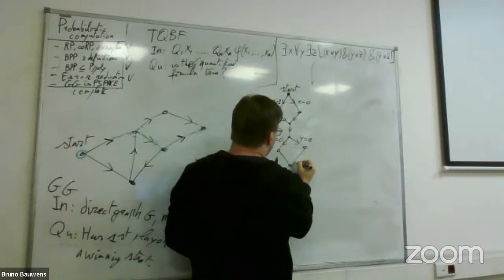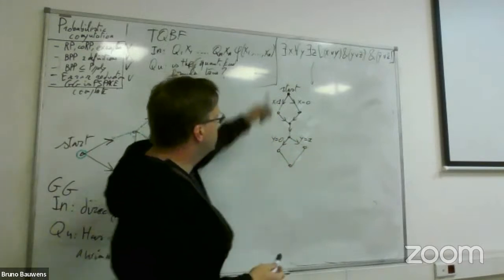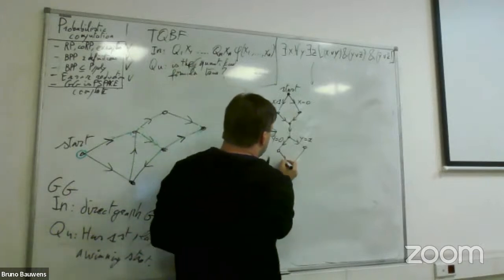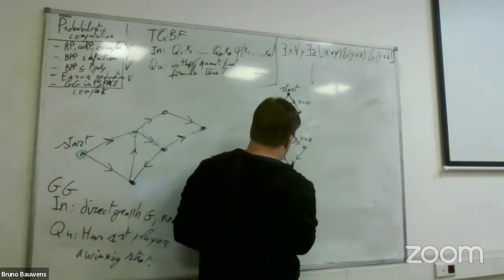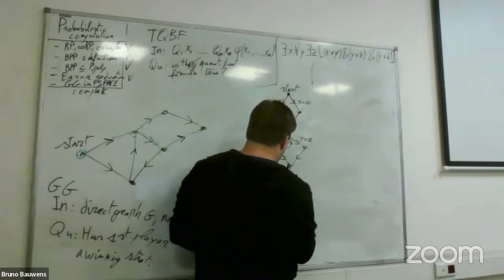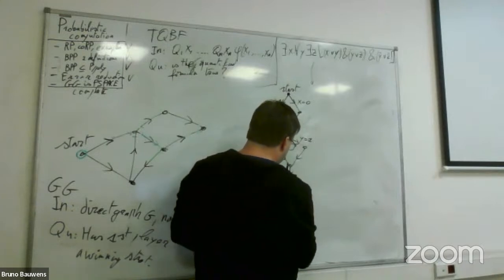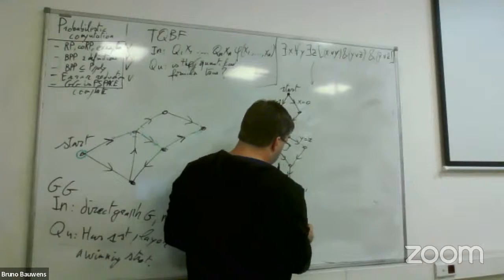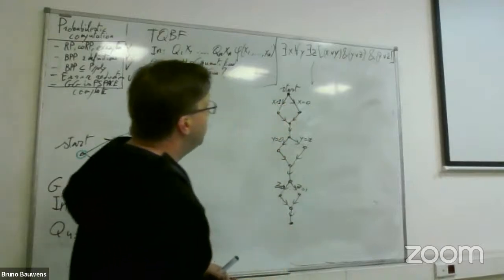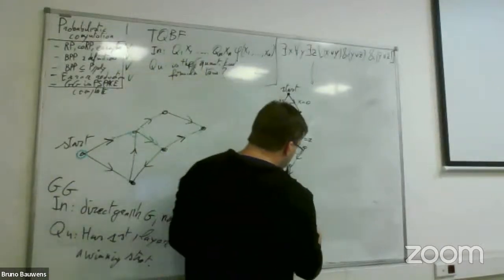In this way, both players go through the gadgets. So for all variables, you are adding two edges, whether they equal 1 or 0. And on the other edges, players have no choice.